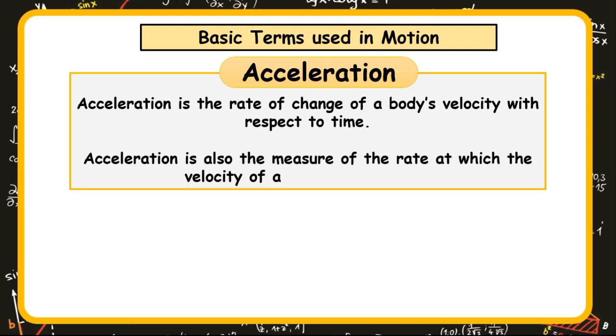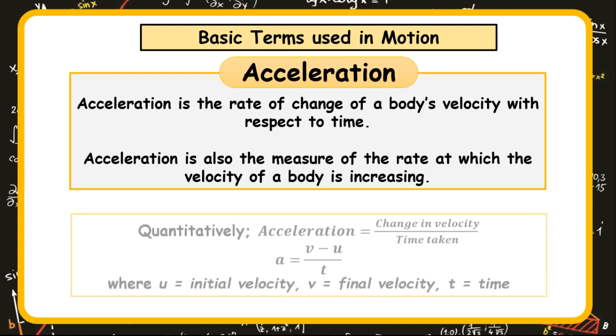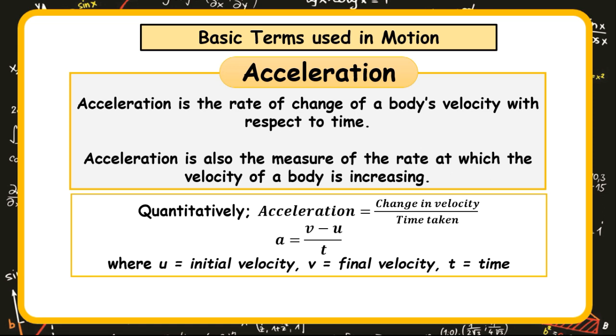You can also define acceleration as the measure of the rate at which the velocity of a body is increasing. So when you have velocity initially and it increases to a final point within a space of time, you can say the body is accelerating because there is an increase in the velocity. Mathematically, acceleration is therefore expressed as changing velocity divided by time taken.